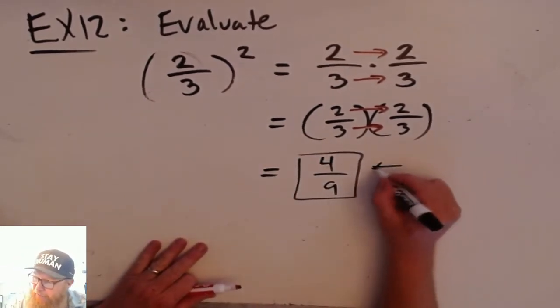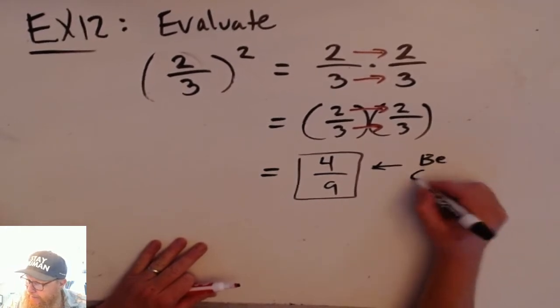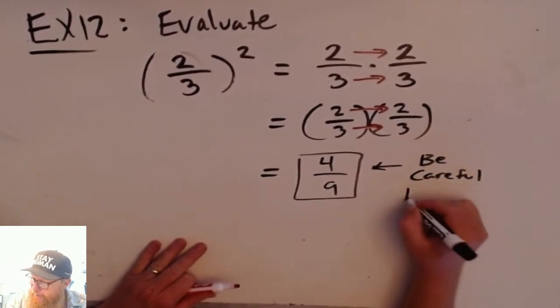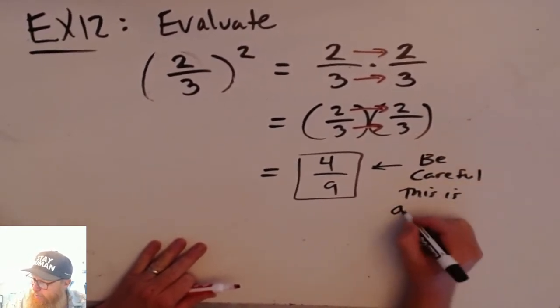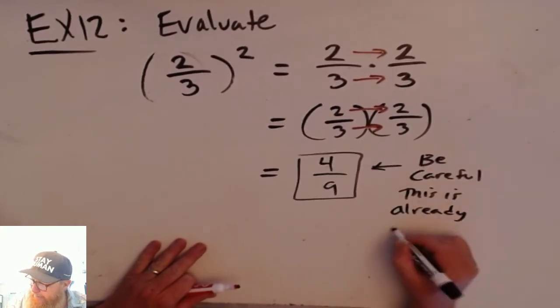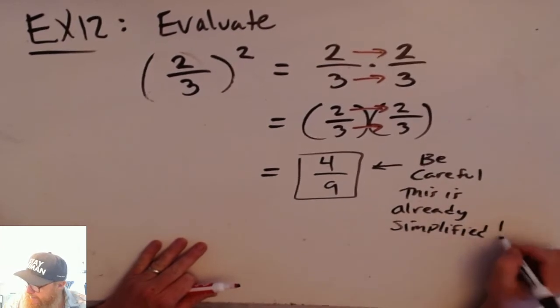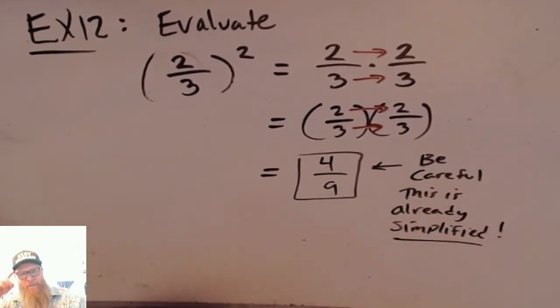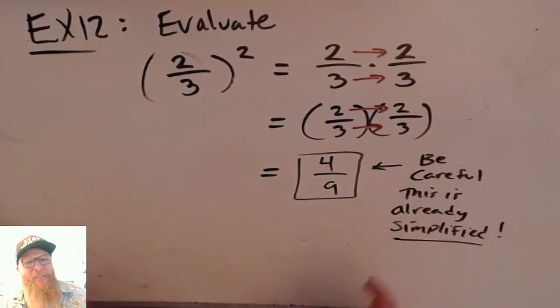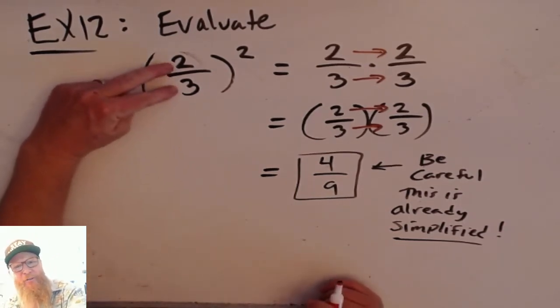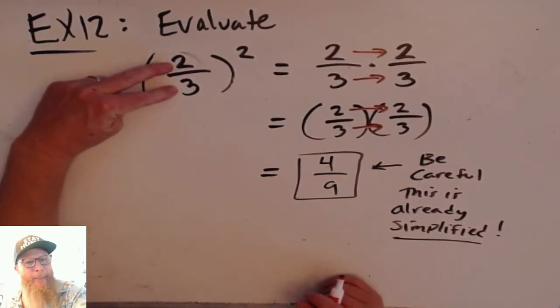Now be careful with this. This is already simplified. And I know I give you a lot of these warnings because I don't want to see the thing that I've seen so many times that I could just stop you from doing it now. 2/3 is simplified already, all right?